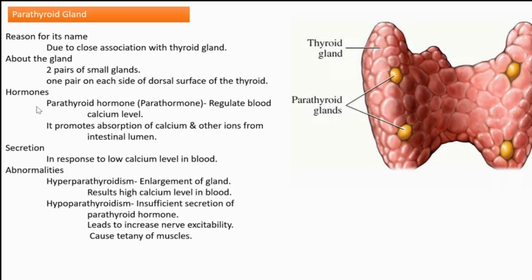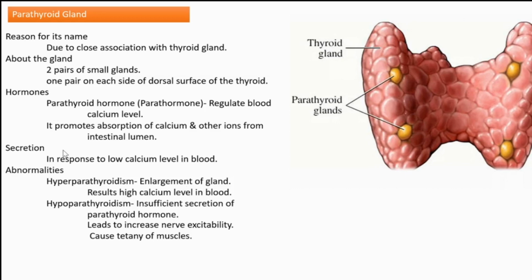What are the hormones secreted by the parathyroid gland? Parathyroid hormone is called parathormone. What is its function? To regulate the blood calcium, to increase the calcium level in blood. And how does it increase the calcium level? By removing calcium from bones, teeth, all those things, whenever it finds that the calcium level of blood is low.